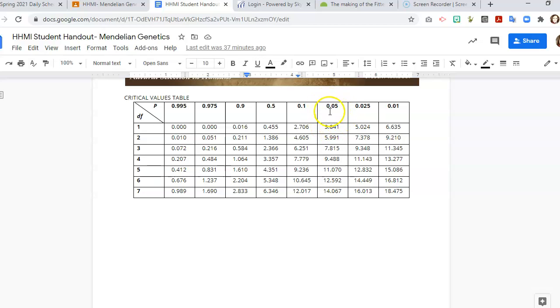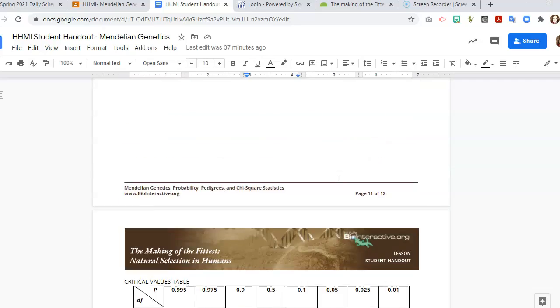So anything less than 5%, anything to the right of that, if that number falls within this range, that means that that's not the predicted outcome. That means that something else has happened to that population. So that's where we start talking about evolution and natural selection. So in this case, any number that is in this area right here means that something else is happening to that population. So we would reject the null hypothesis.